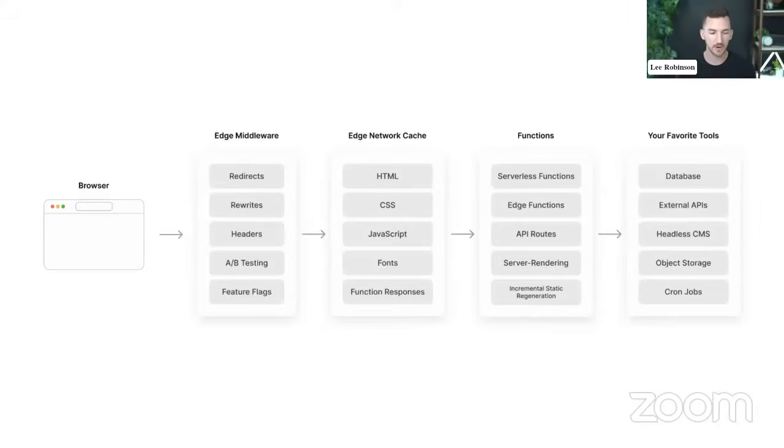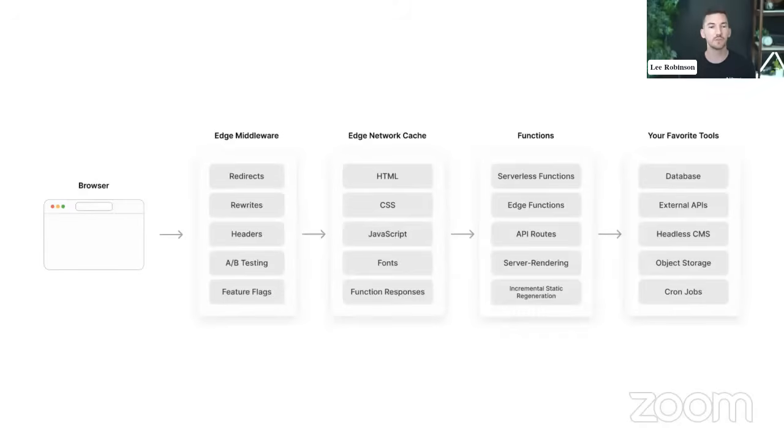Now, Edge middleware is a new feature that we have included in Next.js that works open source with any host that you want to deploy it on. And when you deploy this to Vercel, it can run on our edge network in a specific region or on a specific edge.